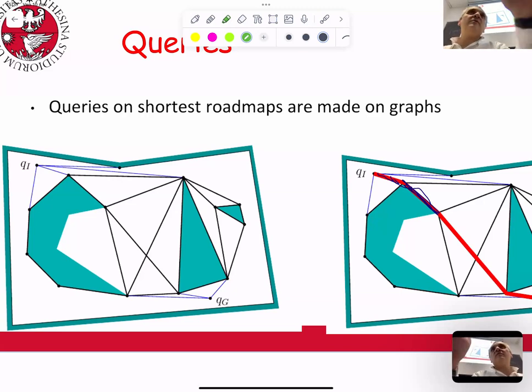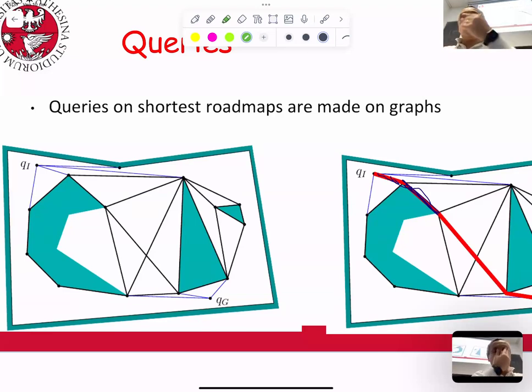But then, with these limitations in mind, you have three possibilities. One is to go for exact construction of cell-based decomposition, which can be made by trapezoids using vertical scan, or by triangles using radial scan.